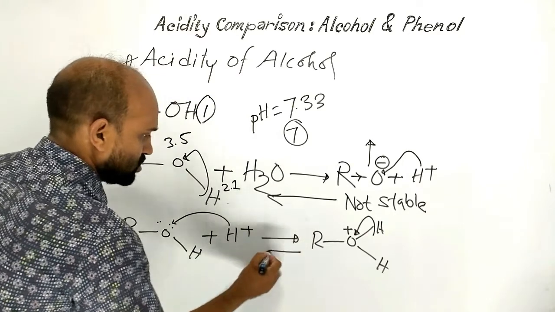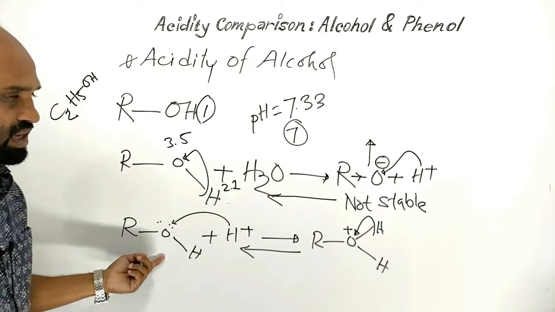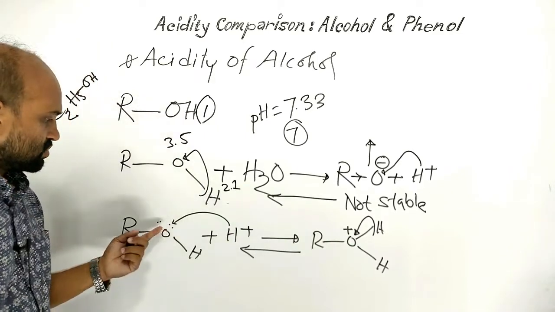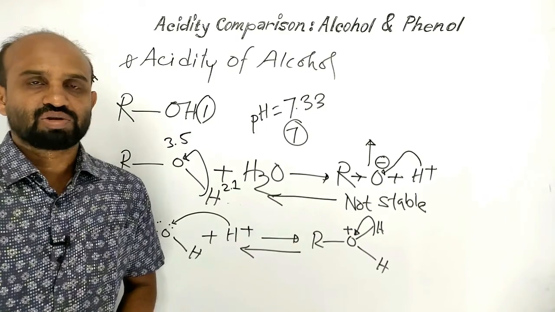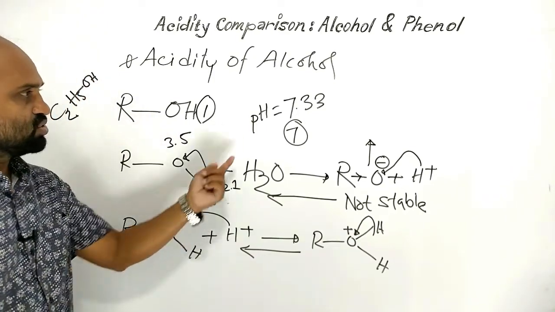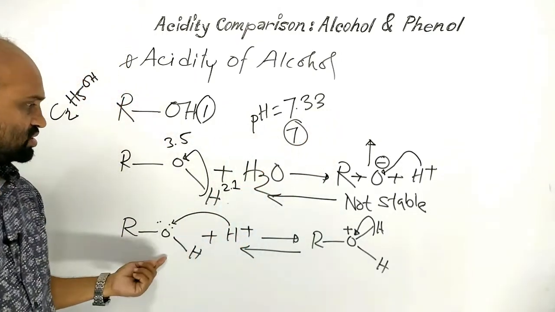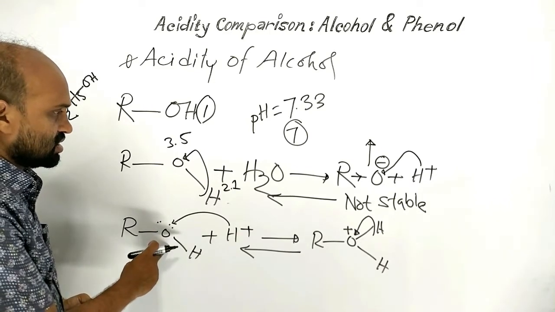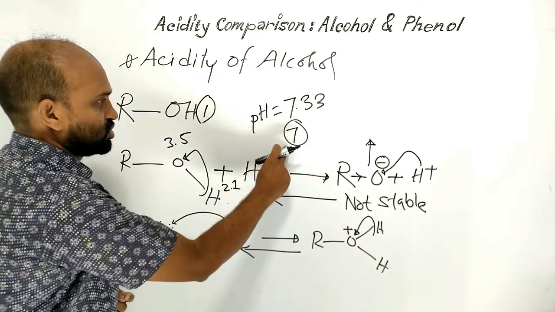So this proton, and again alcohol is obtained. So alcohol has the capacity to receive proton because of the presence of lone pairs of electrons. On account of this, the pH value of alcohol is 7.33. So this is not acidic at all, but it is a little bit basic in nature. The pH value is more than 7.